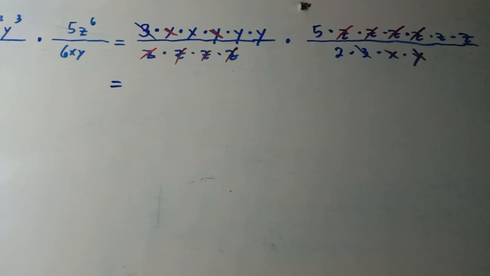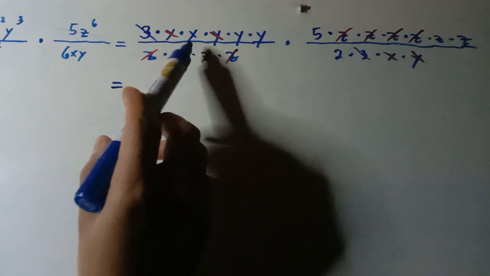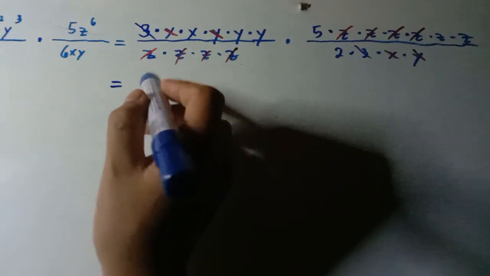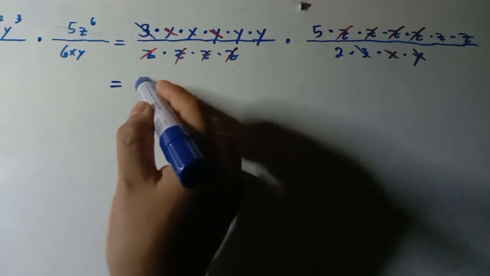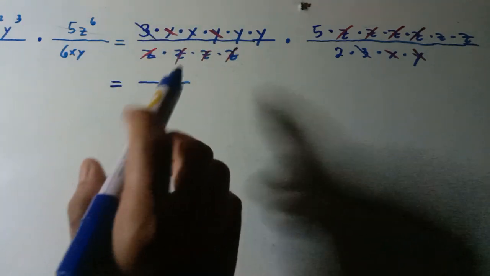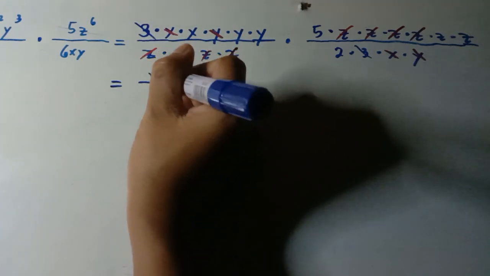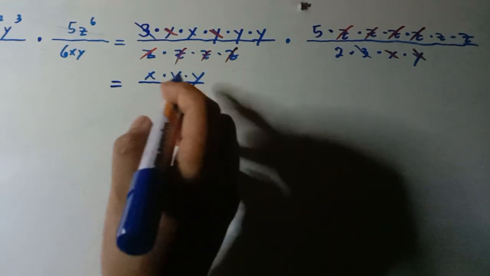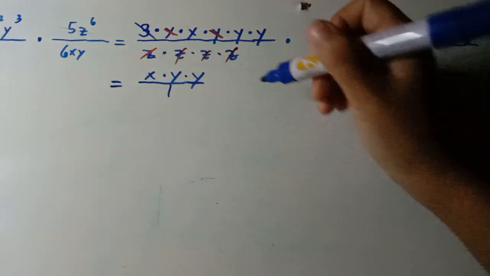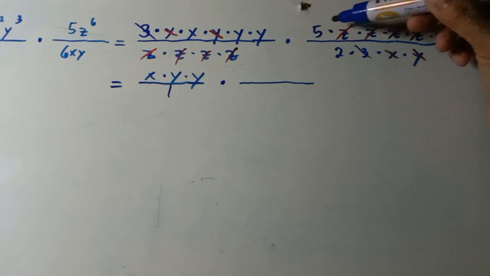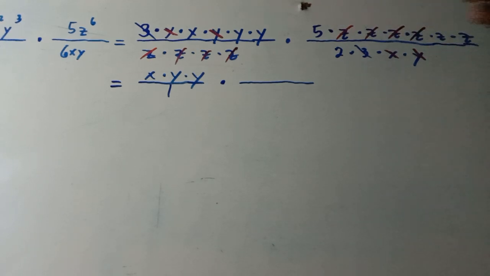Next, ang mabili na lang kay ani nga expression kay x times y. And then for the denominator, 1 na lang na siya. Sunod sa second expression, ang mabili na lang diri sa numerator kay 5 times z.